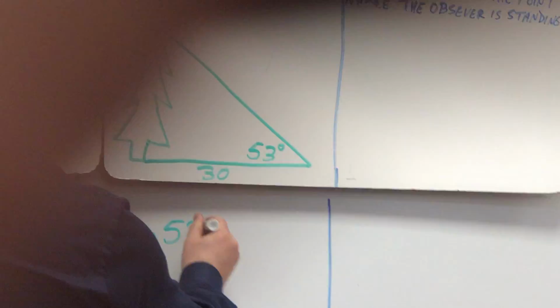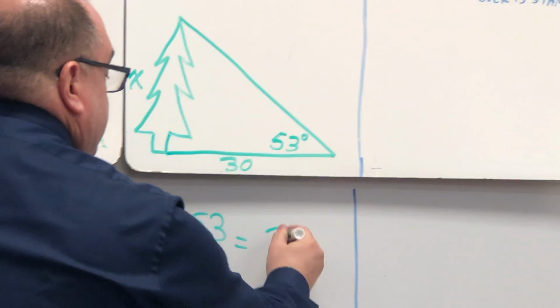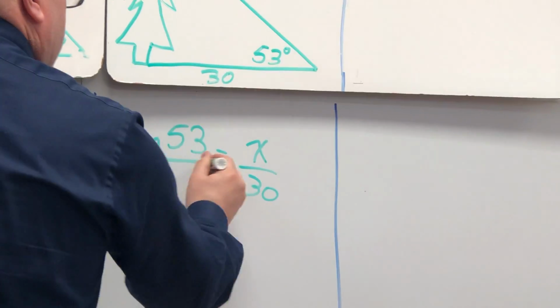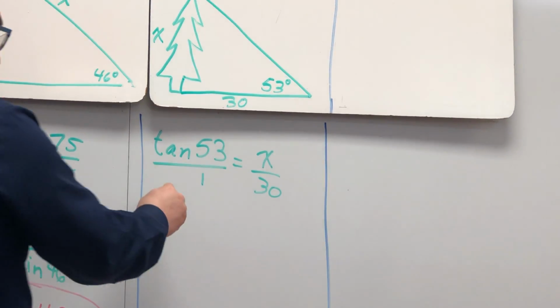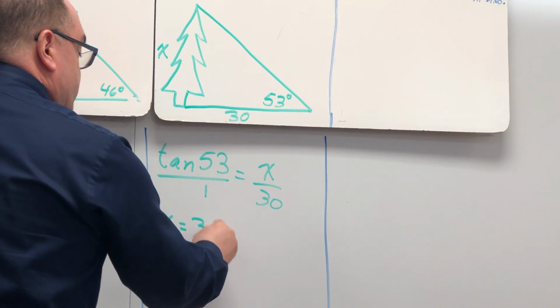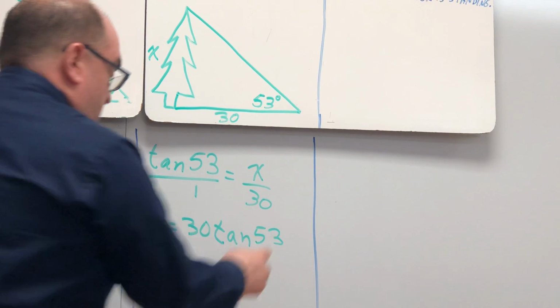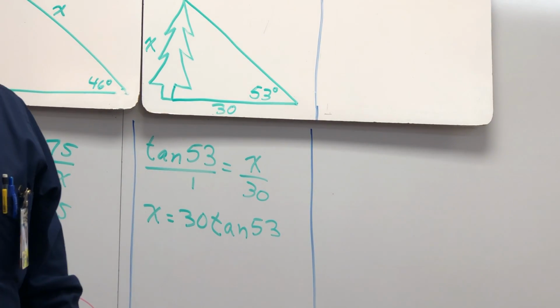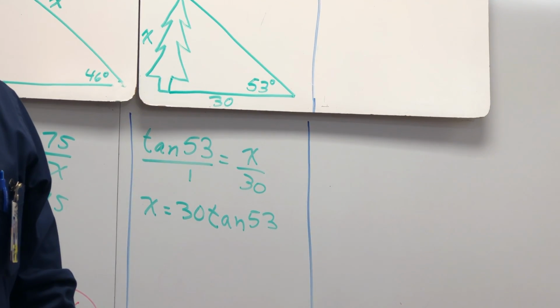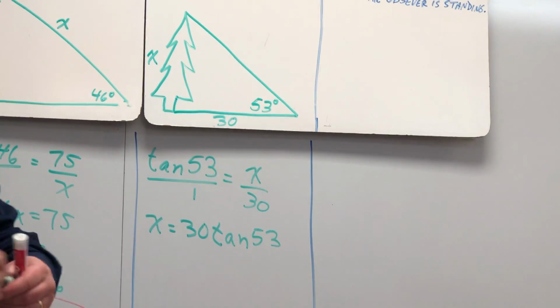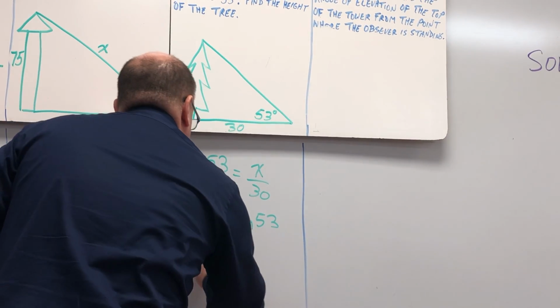So tan 53 equals x over 30. X equals 30 tan 53. What is 30 tan 53? 39.81.